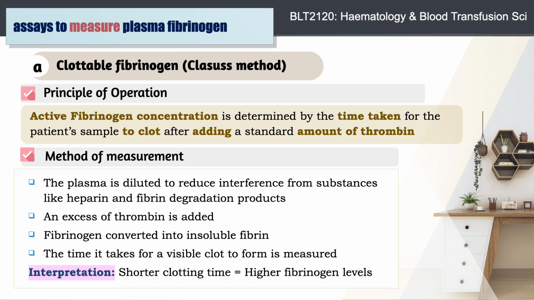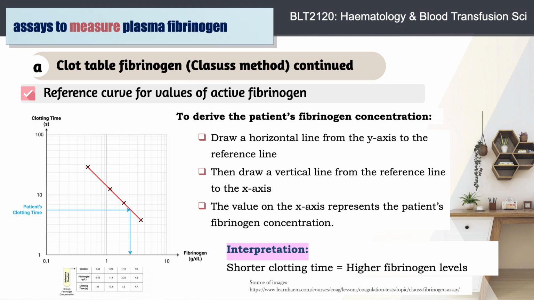The time taken for a visible clot to form is measured. We interpret the results. A shorter clotting time will actually mean that there's higher levels of fibrinogen in our sample. So when we get the clotting time, reference values on a standard curve are used to interpret our test.